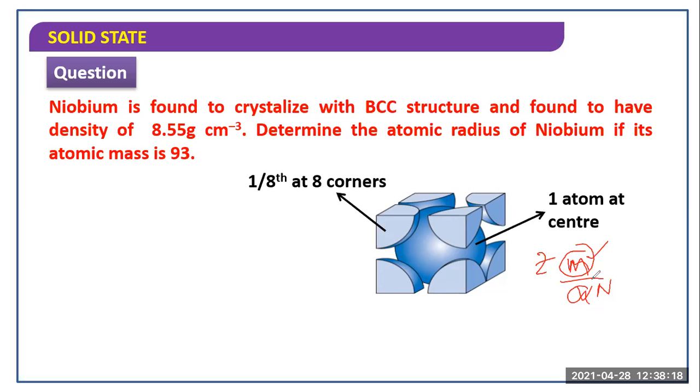If volume is A cube, then this is the relation for density. Density means number of atoms into atomic weight divided by Avogadro number, that is the weight of the atoms, then divided by A cube. This is actually mass per volume. Clear?